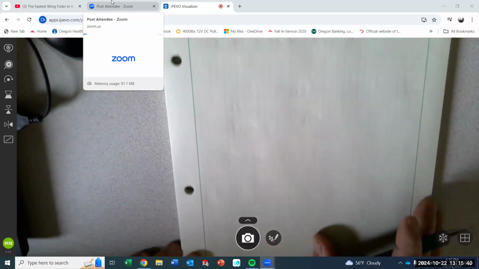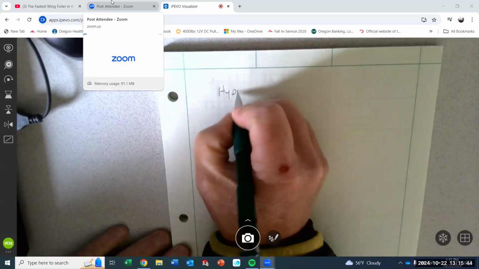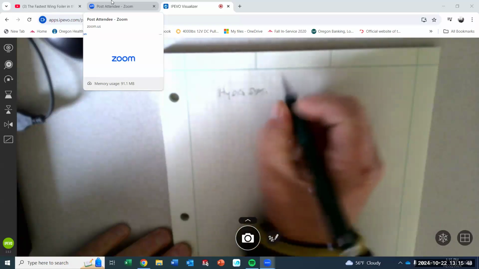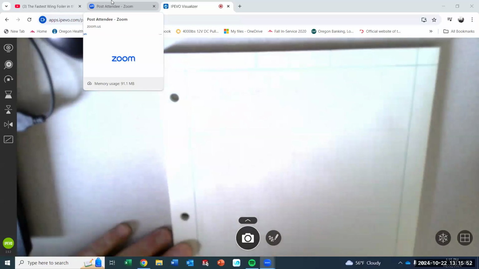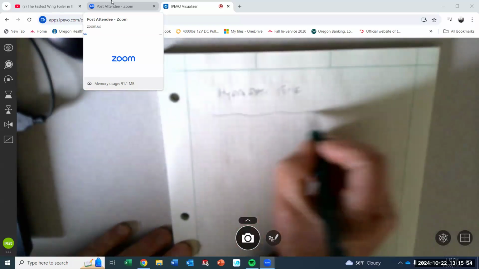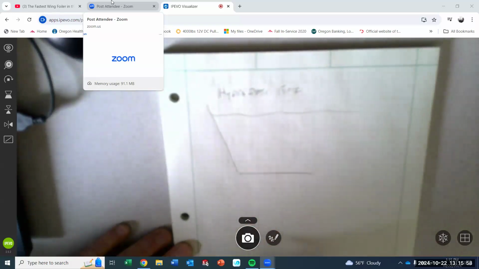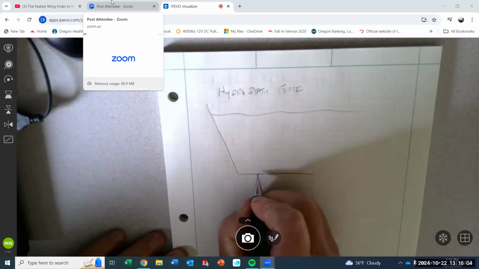After pressure, we did hydrostatic force. So remember how to calculate hydrostatic force. If we have a reservoir of water, and at the bottom maybe there's a hatch.